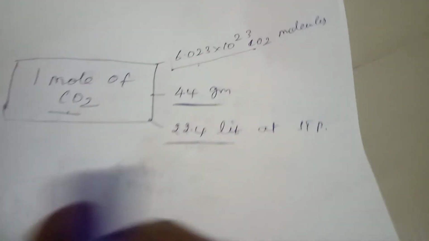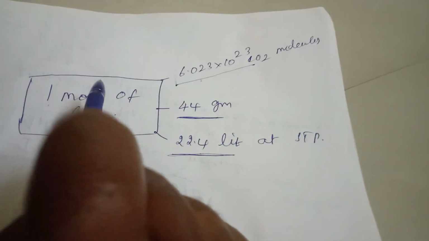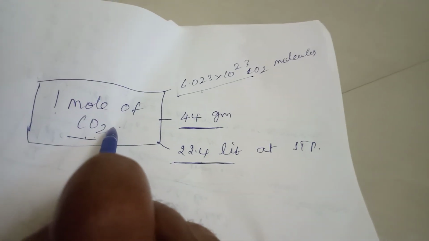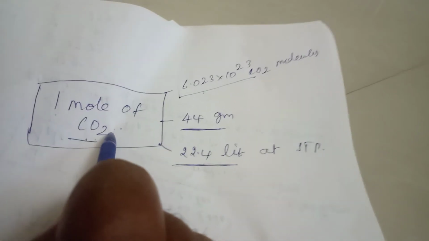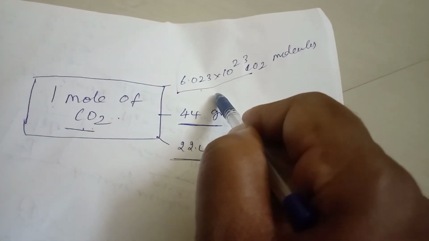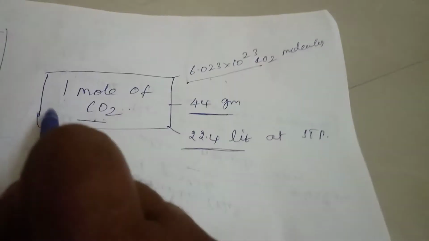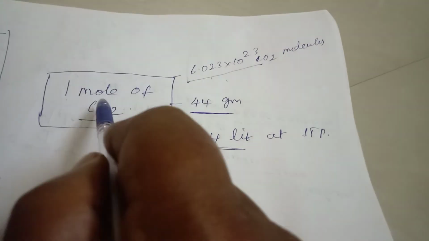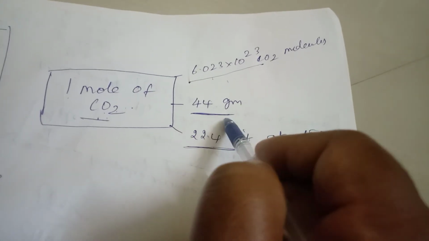So we take one example. I have 1 mole of CO2, 1 mole of carbon dioxide. In this 1 mole of carbon dioxide, what is the number of carbon dioxide molecules in it? Avogadro number of carbon dioxide molecules. So 1 mole of CO2, what is the weight? It is equal to its molecular weight, so 44 gram.